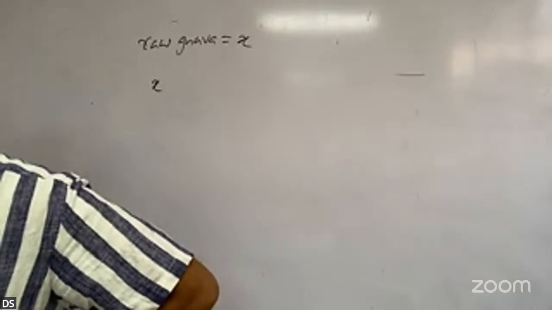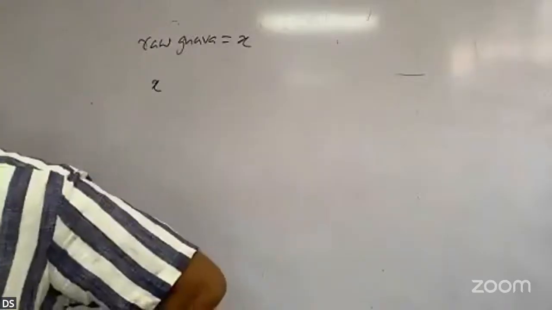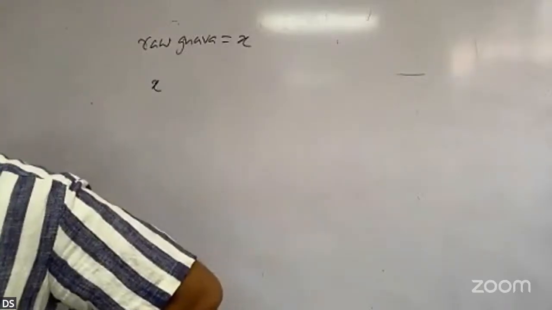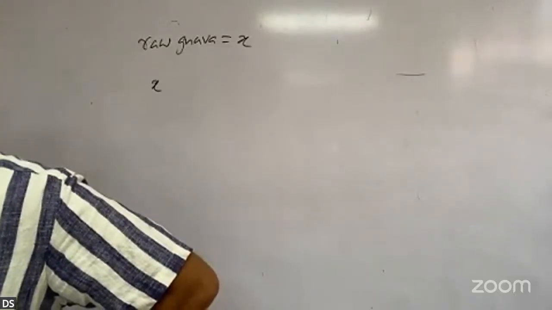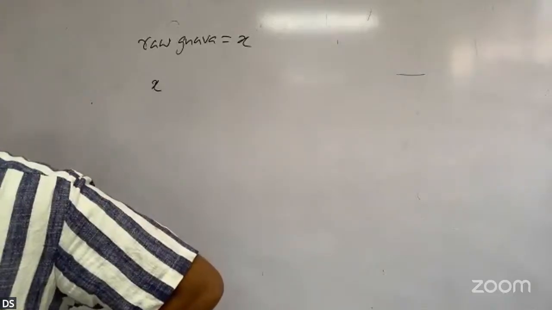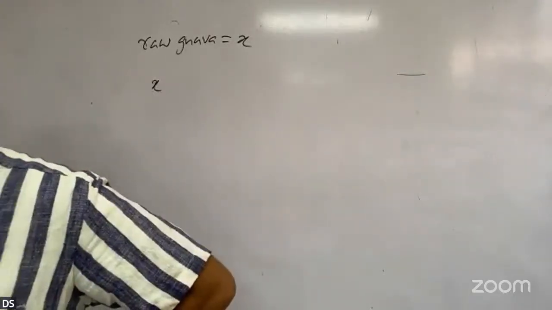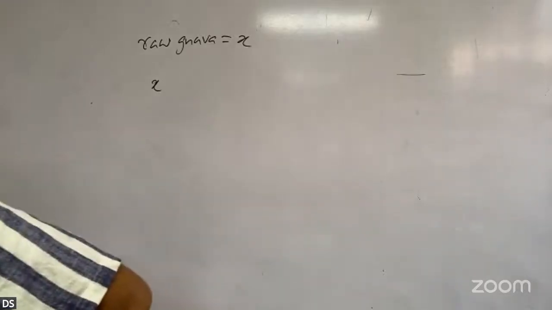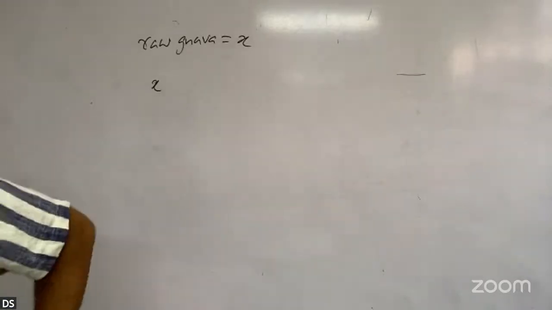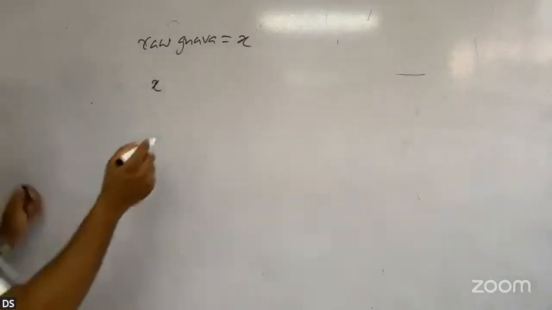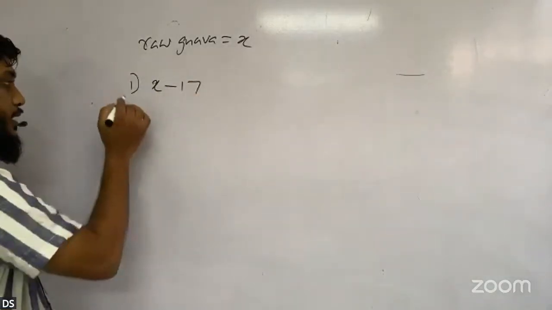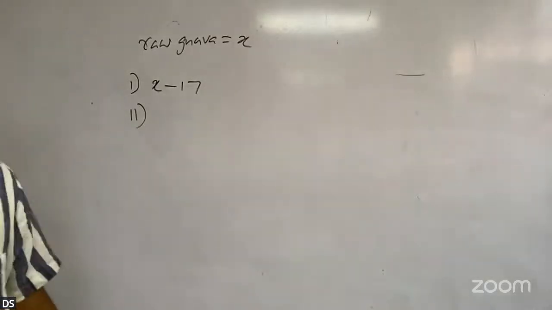So which is more, raw guava or ripe guava? Raw guava is more. How much more? 17 more. Then the ripe guava will be 17 less than the raw guava. So if the raw guava is x, what will be the ripe guava? x minus 17 you should write. Okay.